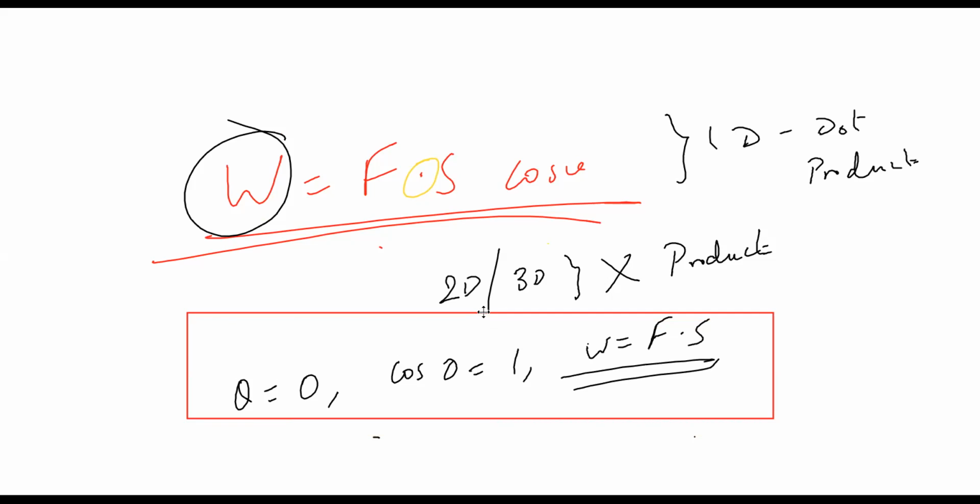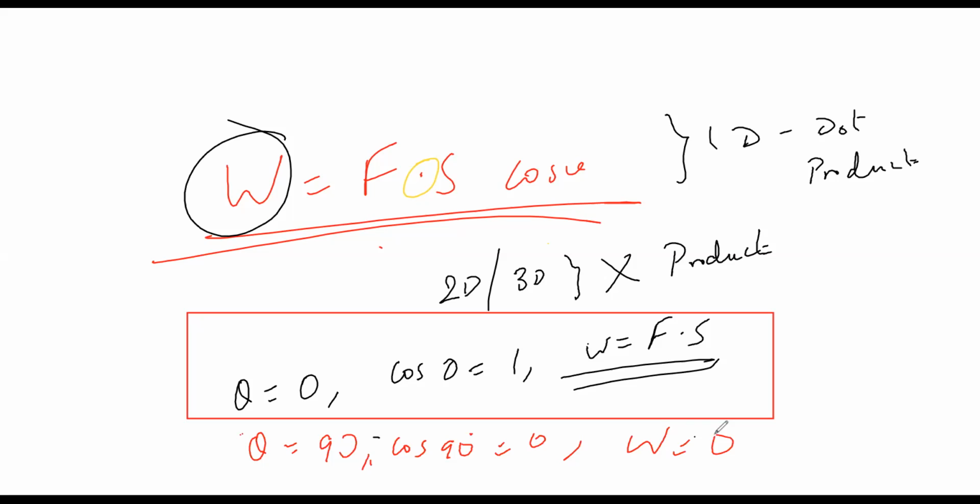When will it be minimum? When theta is equal to 90, cos 90 value is 0. So W is equal to 0. Clear? These are the important cases which they can ask in the examination.